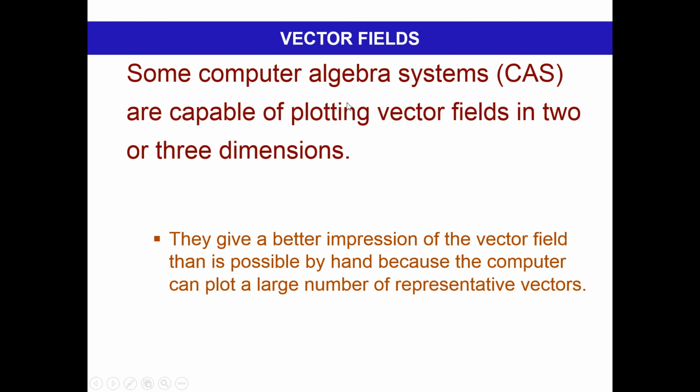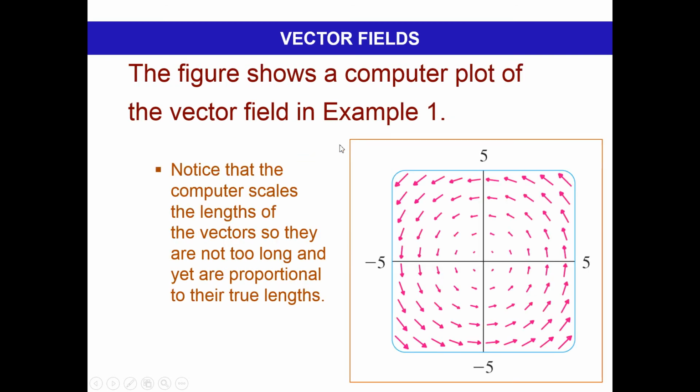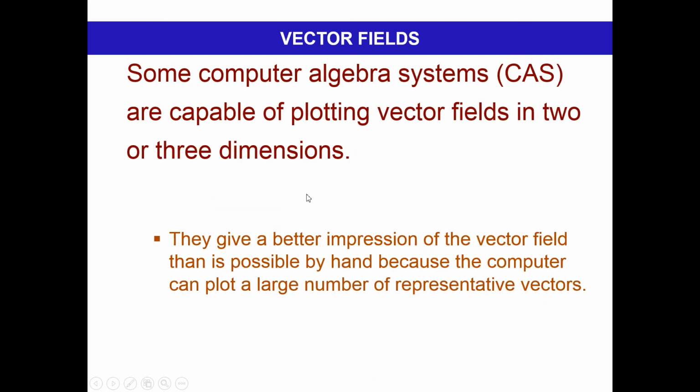So some computer algebra systems are capable of plotting vector fields, because it is not easy to plot vector fields, in particular in R cube. In 3 dimensions, it is somehow impossible to draw manually. So there are computer algebra systems which can draw it automatically.